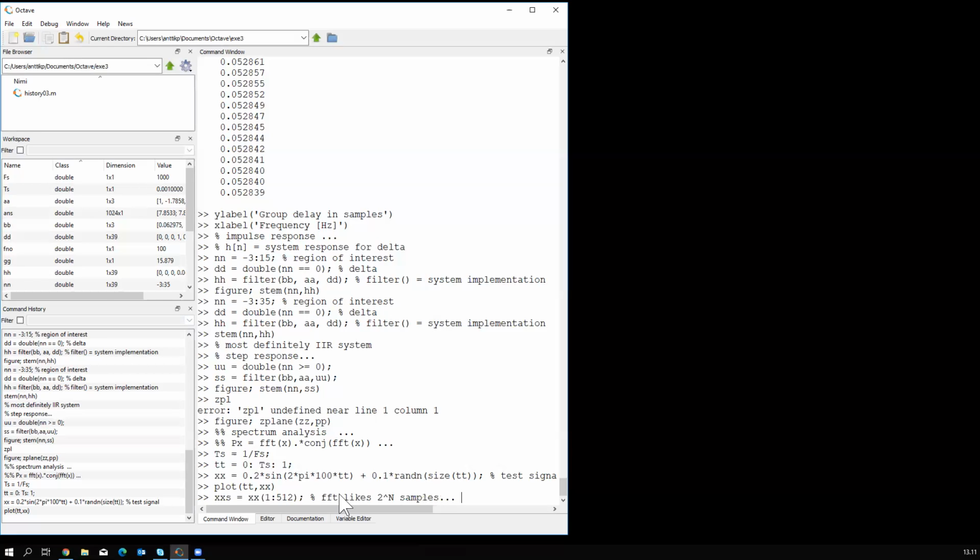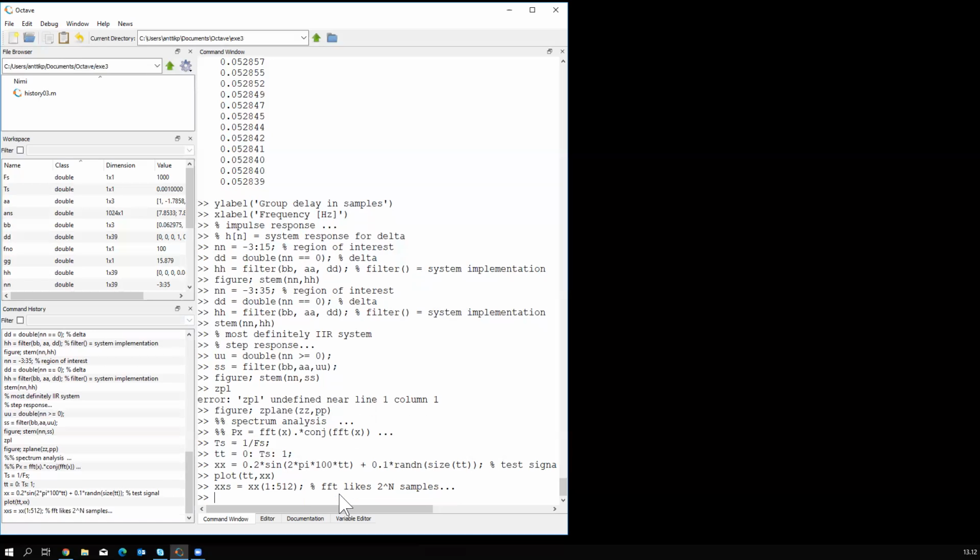You can actually calculate also for the whole set. It makes not much difference, except that it'll take 1 millisecond for the whole thing, but for the Fourier transformation method we'll do it in a few tens of microseconds. So it does not make any difference in this case. But anyways, FFT likes 2 to the power of n samples, and this is how you take the first 512 of those.